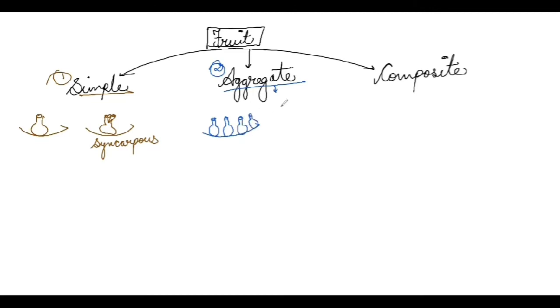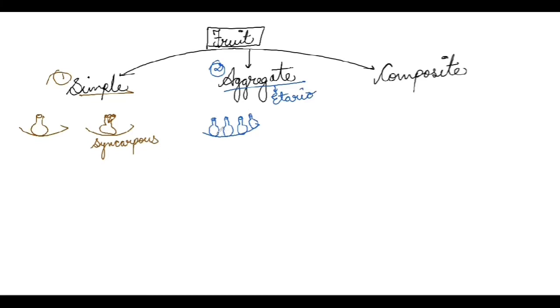Such kind of aggregation is given a word known as etaerio. Now you won't have to be scared of this word as it is not being asked yet, but you need to know that etaerio means group, aggregation, where a number of carpels are forming a group.